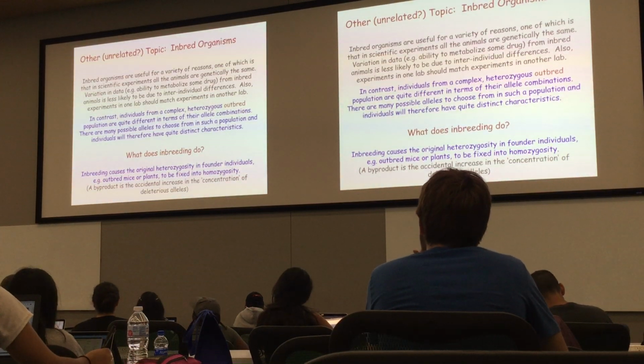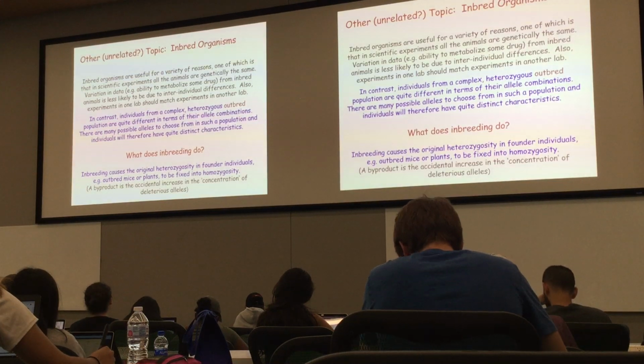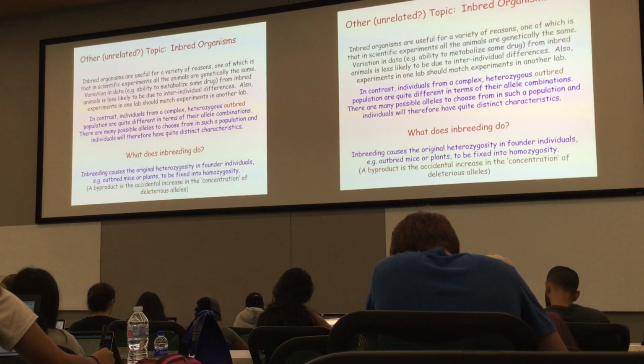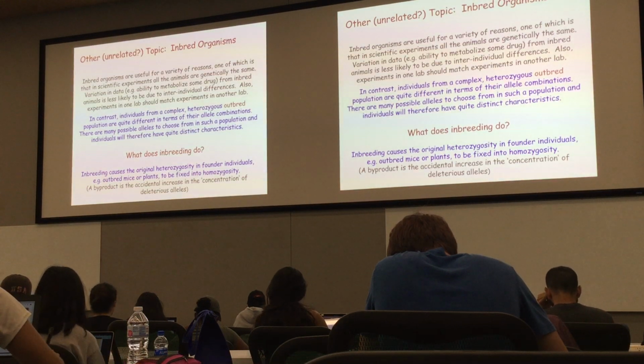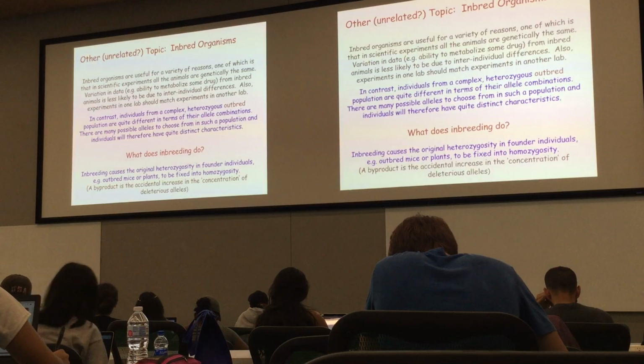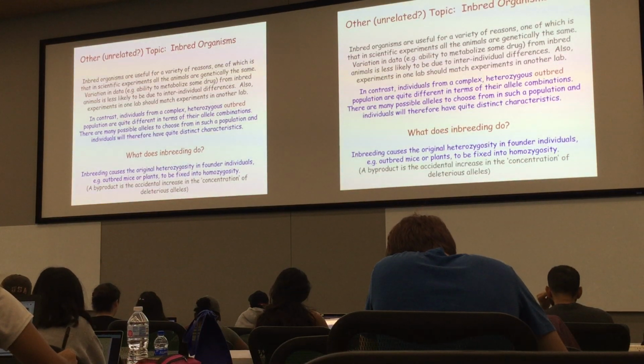Outbred organisms are kind of what we've been talking about in population genetics, where you have a set of genes that all come in various allelic forms, and each allelic form has a certain frequency in the population. In outbred organisms, you've got a lot of choices at all these genes in terms of the particular allele you might pick.